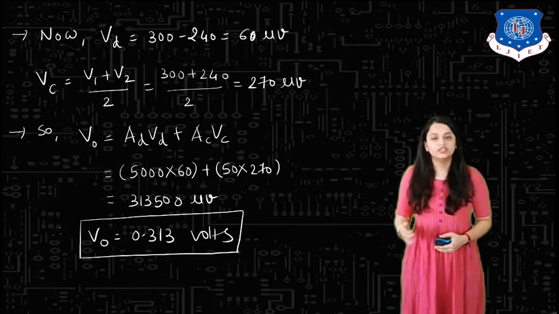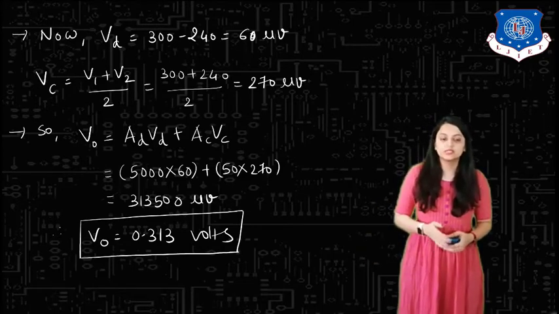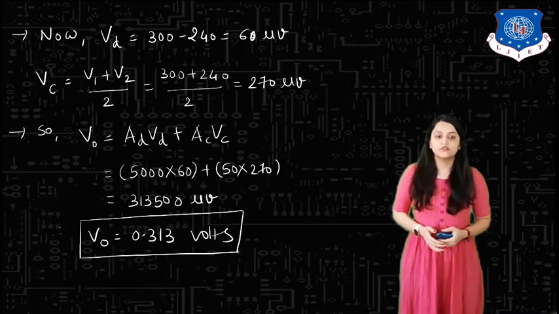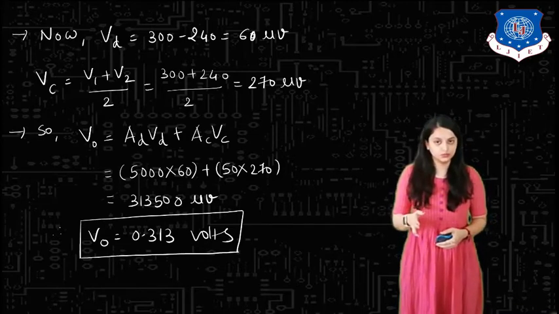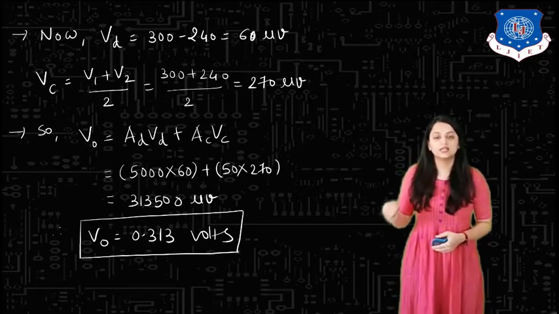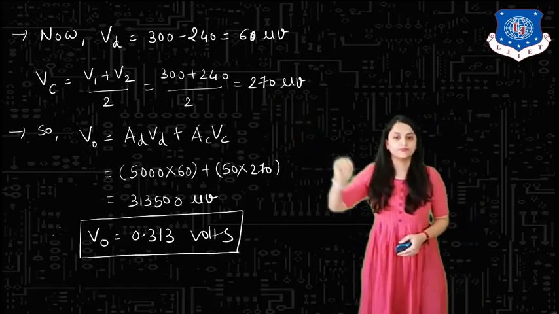VD is V1 minus V2, that is 300 microvolts minus 240 microvolts, which equals 60 microvolts. VC equals the average of the two inputs V1 and V2, that is V1 plus V2 by 2, which equals 300 plus 240 by 2, that is 270 microvolts.